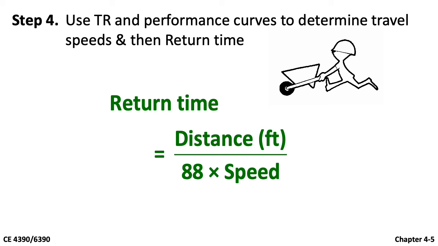Step 4, now you can use total resistance and performance curves to determine travel speeds and then return time. So return time can be calculated using the distance divided by the speed when it returns.